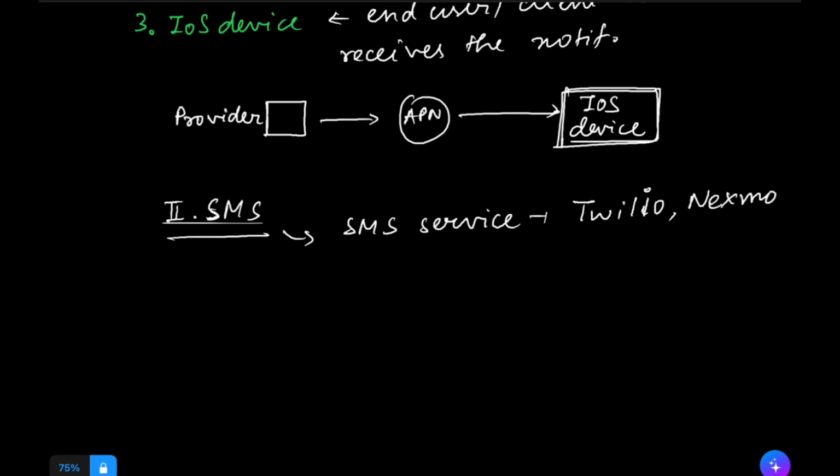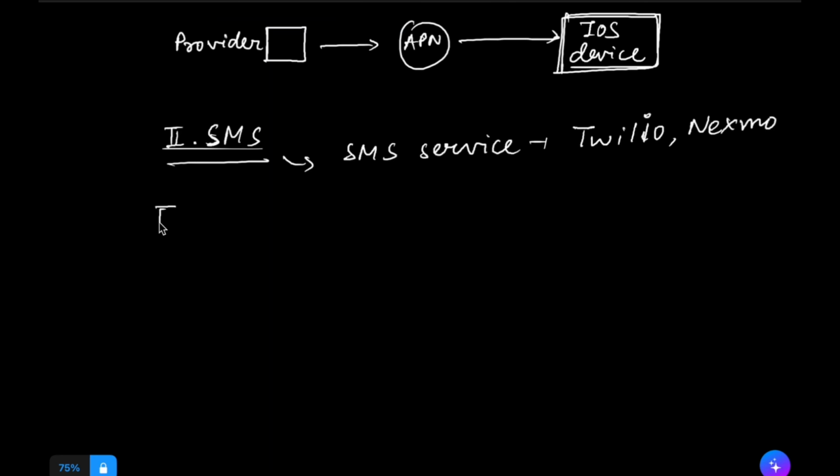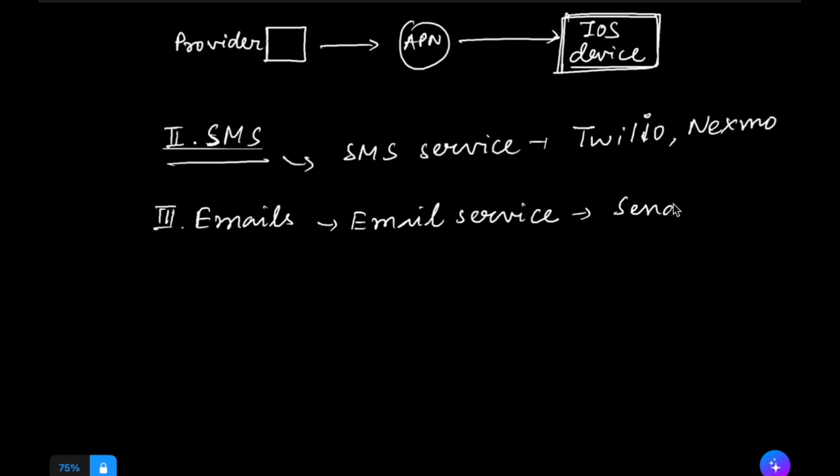I'll provide links in the description box to read about them in detail. The third is emails. The notification flow is similar in all these cases, except for the third party service which handles pushing the notification to the end user. In emails we use SendGrid or MailChimp, which are third party email service providers.